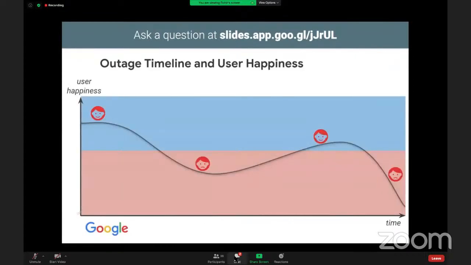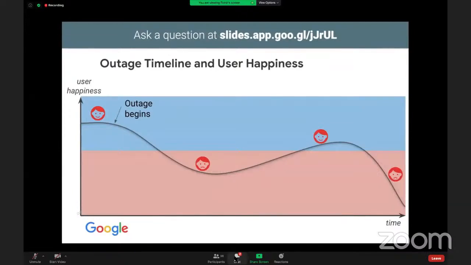Okay, so let's look into the outage timeline and user happiness. When we talk about reliability, we talk about service disruptions or outages. In large, complex, constantly changing systems, it's not a question of if an outage will occur.